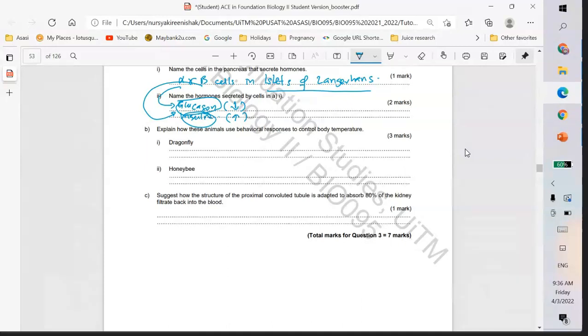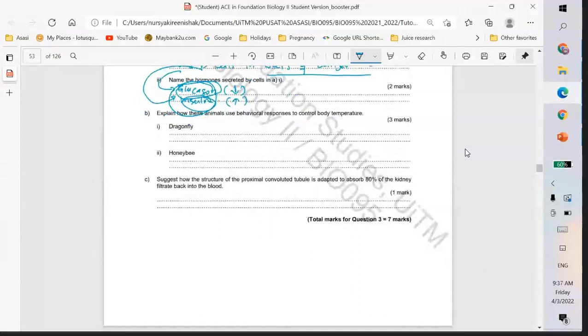We are going to learn that in the next chapter after the reproductive system.